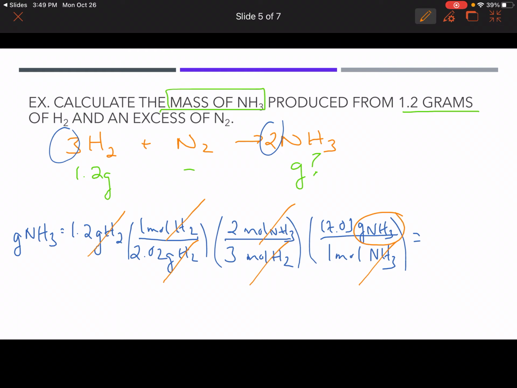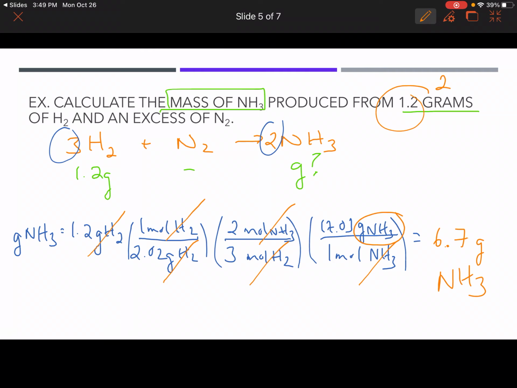And you end up in grams of NH3. So let's figure this out. So I've got 1.2 times 2 times 17.03. And I'm going to divide that all by 2.02, divide it again by 3, and you get an answer of 6 point. Well, let's actually check my sig figs first. Only 2 sig figs. So 6.7 grams of NH3 for this particular answer here.